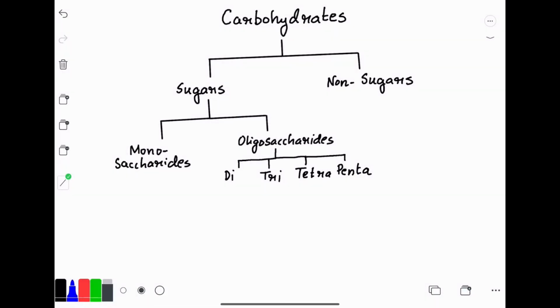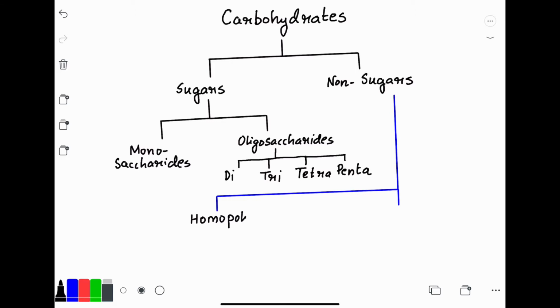Now non-sugars or polysaccharides are classified into two main types. The two types are homopolysaccharides, where the monosaccharide unit is the same, and polysaccharides have greater than 10 monosaccharides.